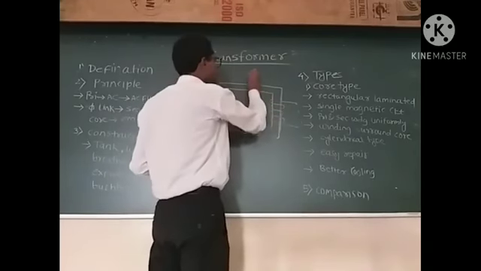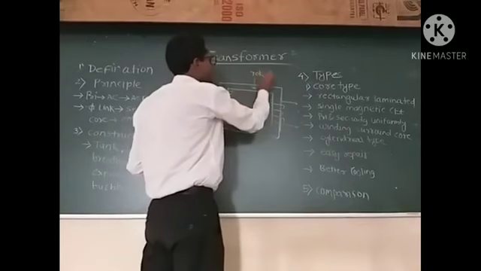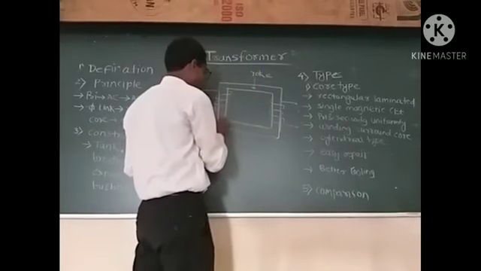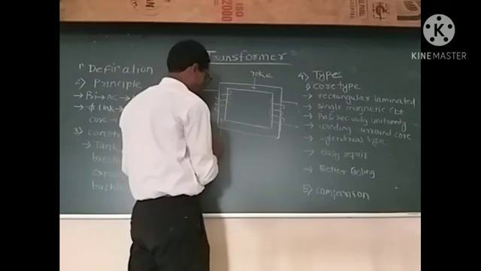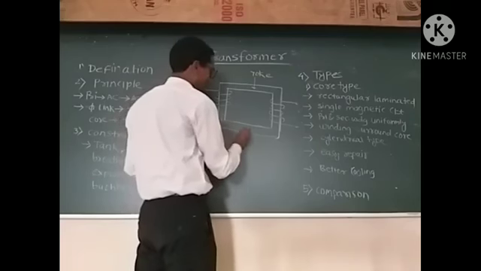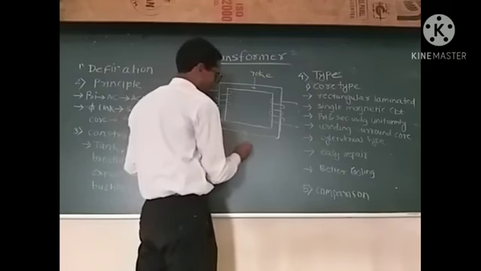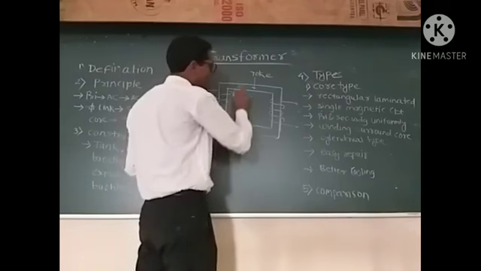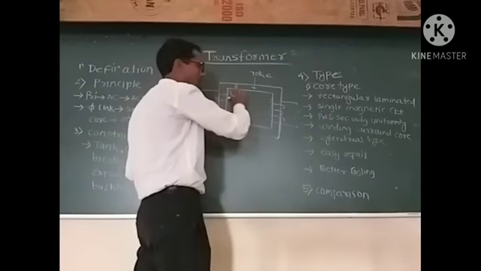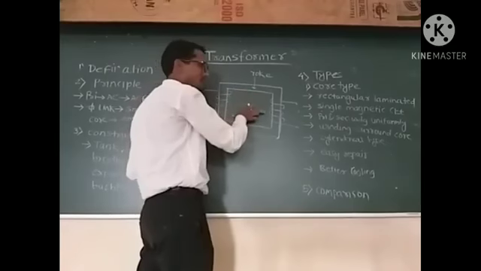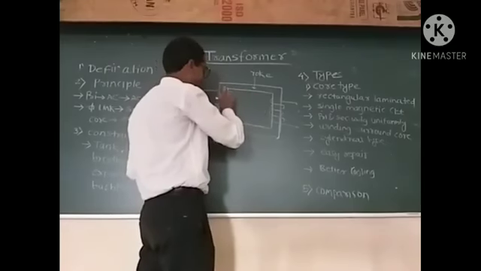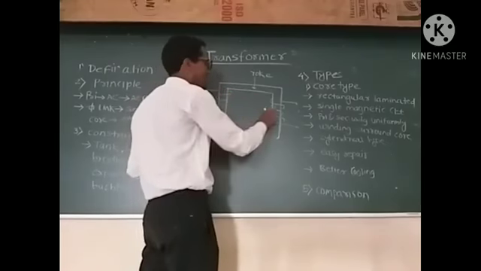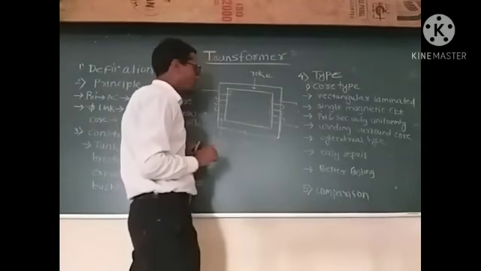This is the yoke, and the vertical portion is called the limb, and the horizontal portion is called the yoke. Means there are two vertical beams and two horizontal beams present. The horizontal beam is called the yoke and the vertical beam is called the limb.